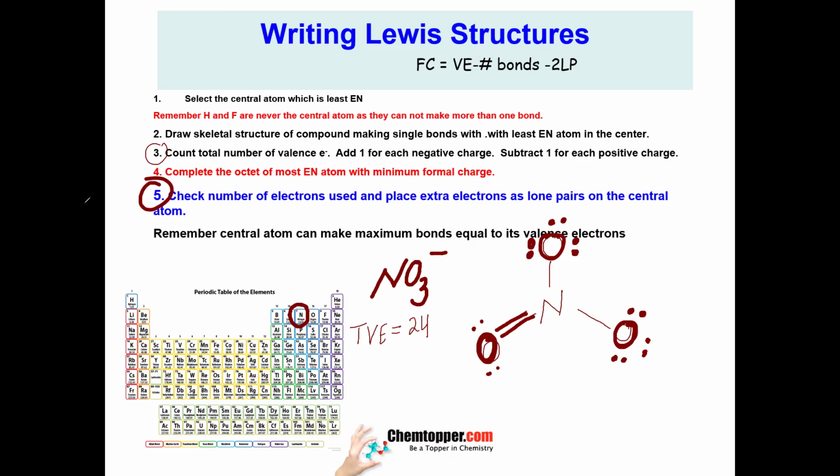Now check the formal charge on every element. This oxygen is 0. Yeah, Kirtana, no problem. This oxygen is -1. This oxygen is -1. What's the formal charge on nitrogen? Nitrogen. Shrestha.